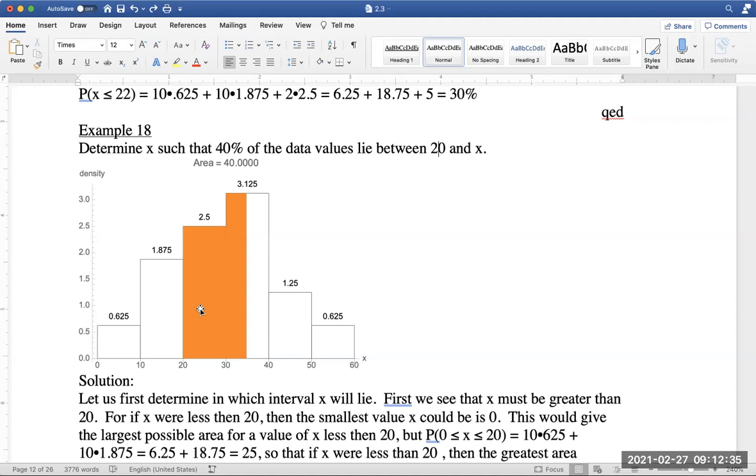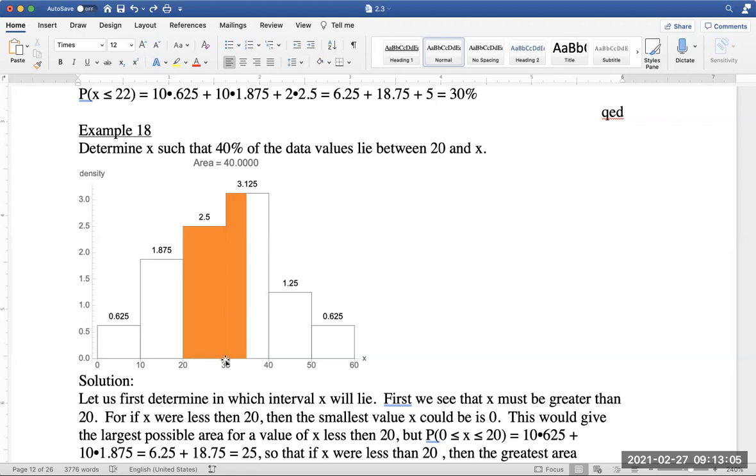So no, I haven't gotten to 40% yet. Let's go all the way to 40. 30 to 40 is 10 times 3.125, which is 31.25, plus the 25 is 56.25. So 56.25% of the data lies between 20 and 40. Therefore, 40% must be somewhere in between.